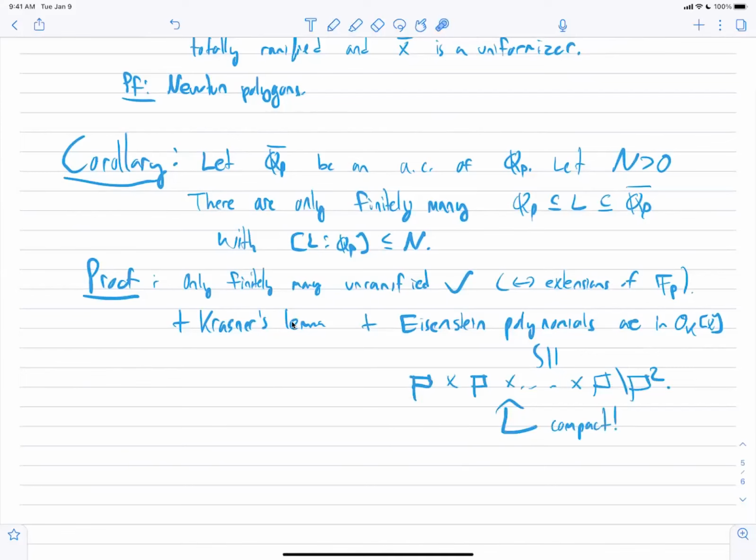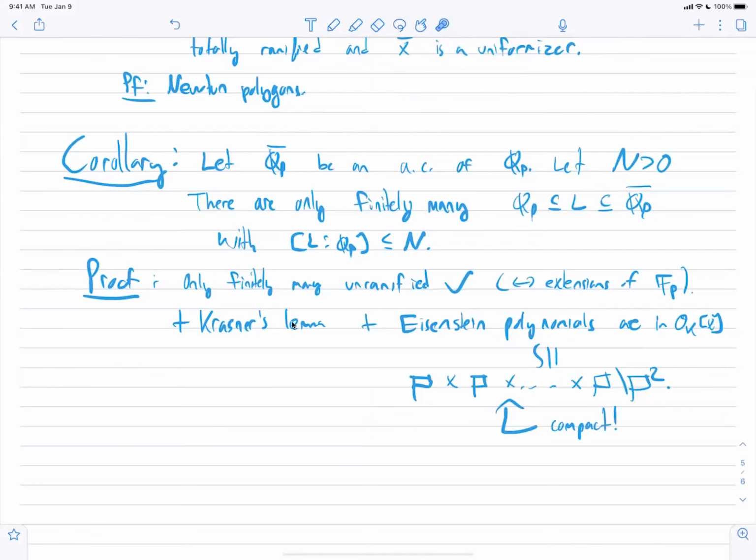This is closely related to one of the exercises in the worksheet here. But yes, this K is one of these unramified extensions here. And then the prime ideal in the ring of integers of that unramified extension is going to be compact, and it's just a product of compact things. Well, you have to think about why this is still compact too, but actually p squared is open and closed, so you're removing an open set.